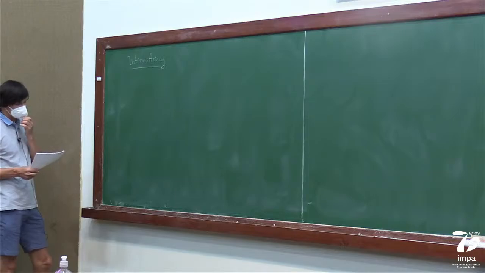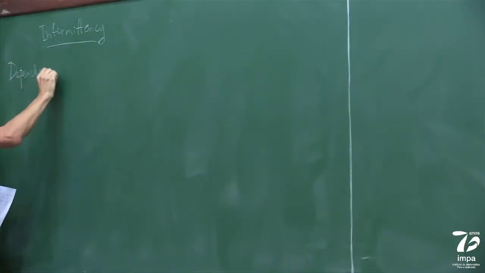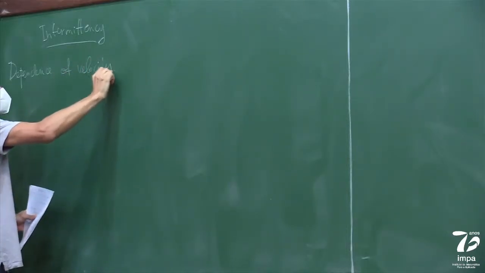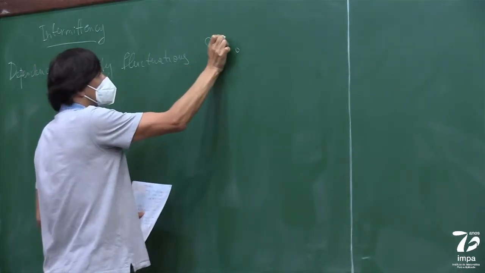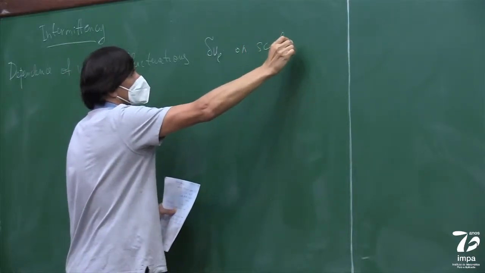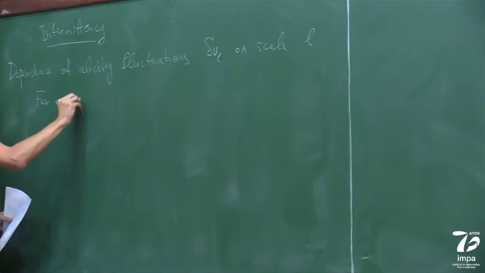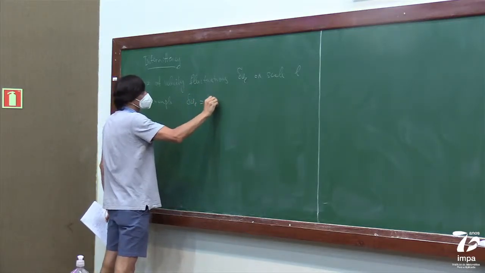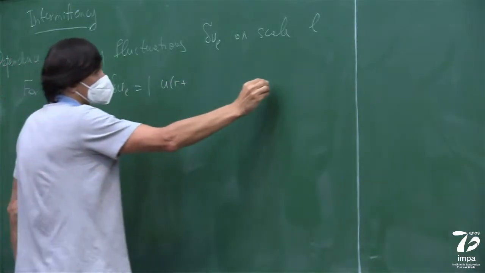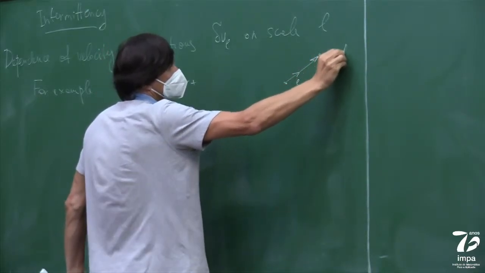So intermittency has to do with the dependence of velocity fluctuations, which we call delta U_L, on scale L. So delta U_L is a velocity fluctuation on scale L, and usually in fluid dynamics, what people like to use as a fluctuation is a difference between velocity at, so you take a point R and then you put a vector in direction E to the point R plus L E. Right?